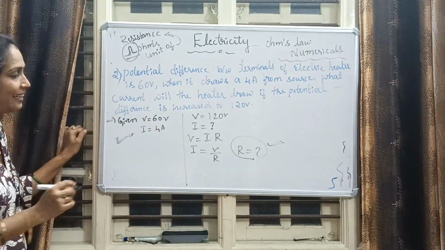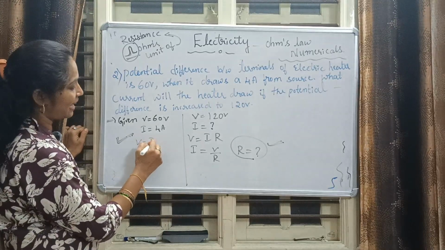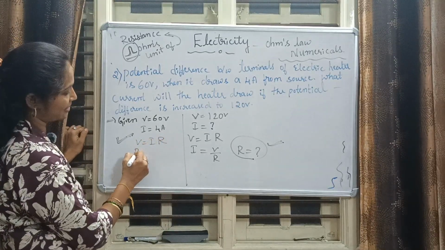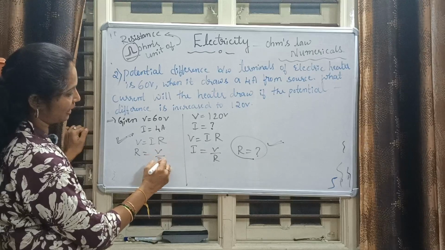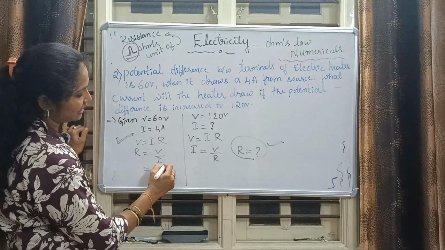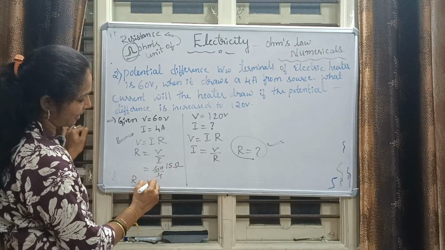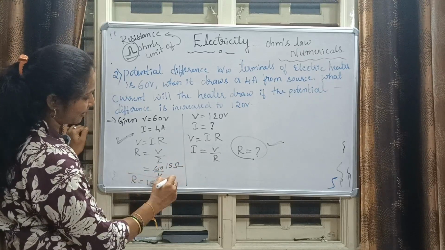You can calculate R. V is equal to I into R, so R is equal to V divided by I. 60 divided by 4. This is around 15 ohms.